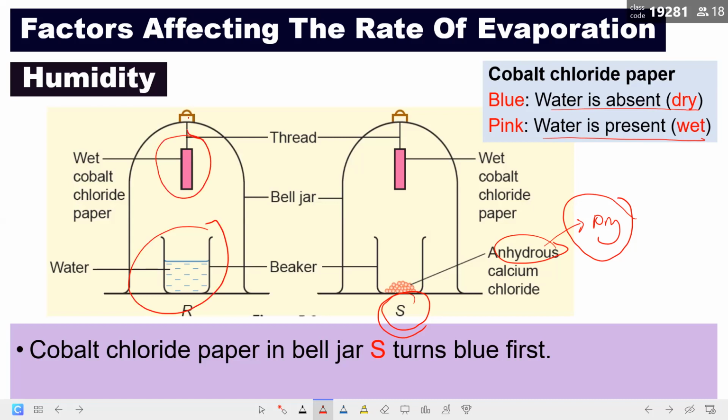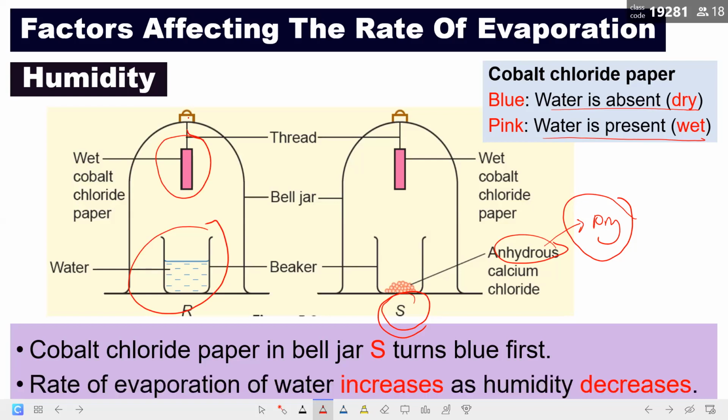It stays pink completely. You may not get the picture now, don't worry, when we do the experiment later, you get the concept better. So the point to take note here is my rate of evaporation of water will increase when my humidity decreases. When I can absorb water, that means my rate of evaporation will increase. So that's point number 1.